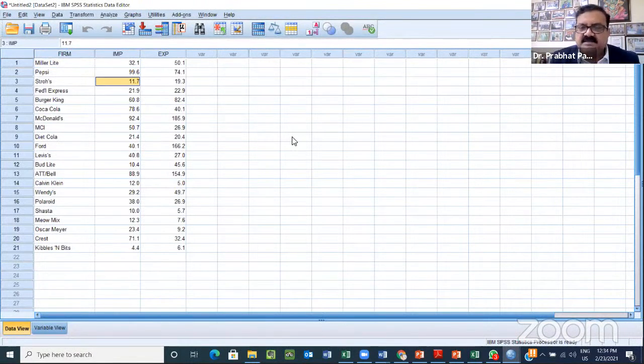This is research that people from management do quite a lot, and the data is taken from a secondary source, the Wall Street Journal. So this data is about impression: they asked customers about the impression retained of the advertisements done by these companies.